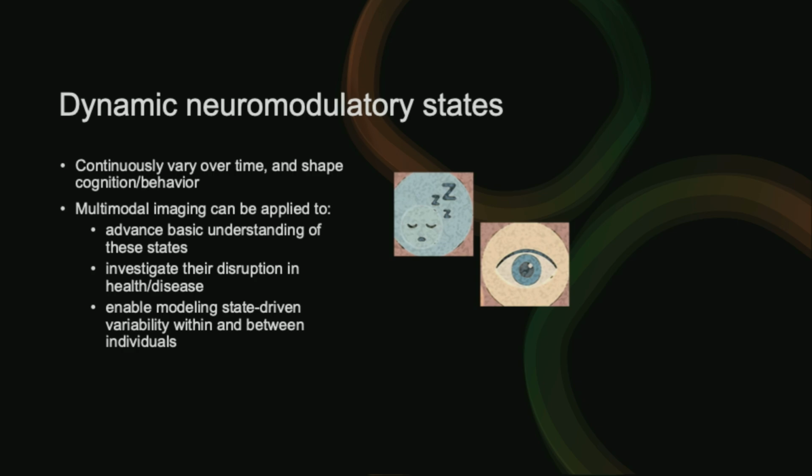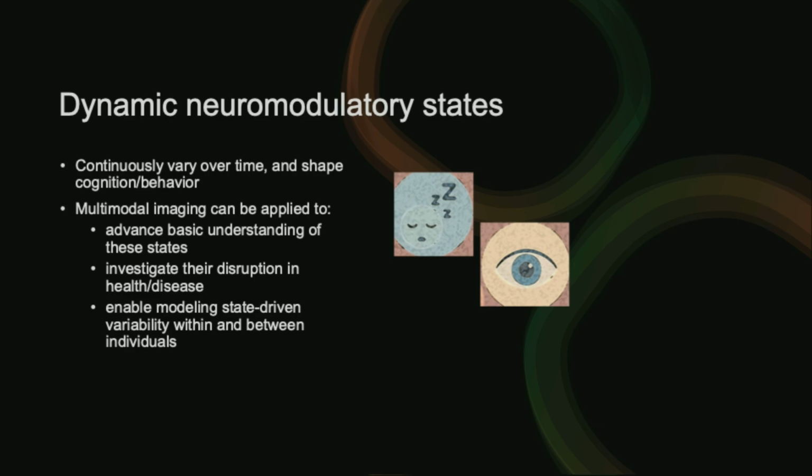So another area I was going to highlight where this can be useful is in studying dynamic neuromodulatory states, including changes in wakefulness over time. So, these are continuously varying as we're scanning somebody. They also closely influence our behavior and cognition.